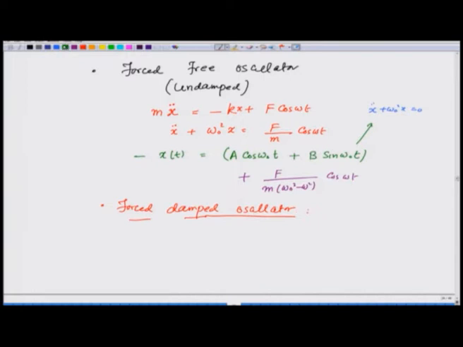For example, you take a swing in the park, or the pendulum in clocks. If left unattended, that means if I take a swing and leave it, with time it slowly comes to equilibrium, the amplitude keeps going down.